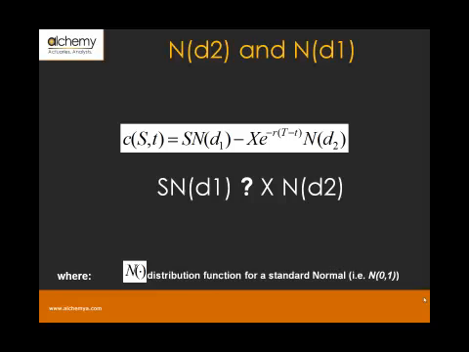So now all of this leads to, you could say, questions or confusion around what exactly is the difference between N(d1) and N(d2). So N(d2) is very clear. From a mathematics point of view, what are we saying?